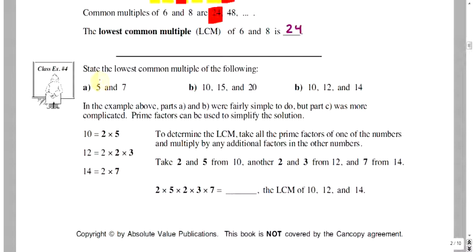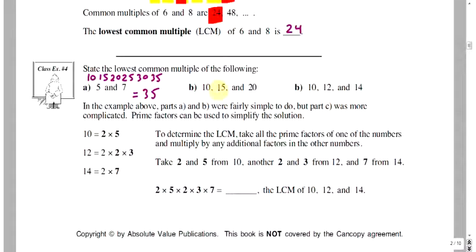What are multiples of 5? 5, 10, 15, 20, 25, 30, 35. Do we see one that 7 goes into? Because for that question, there is no greatest common factor, is there? That doesn't make any sense with that question.